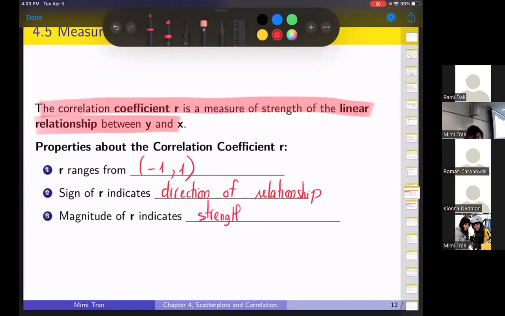What does that mean? When R is closer and closer to 1, the strength is strong, so you have a strong relationship. If R is further away from 1, say 0.2 or 0.3, that's considered weak. If it's closer to 0, then it's weak. But if it's closer to 1 or -1, that means strong, positively strong or negatively strong.